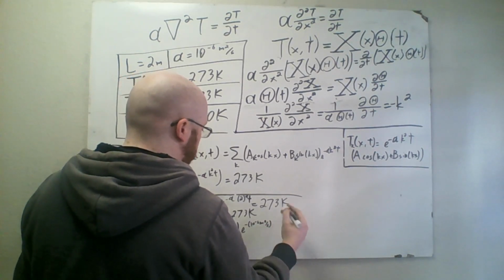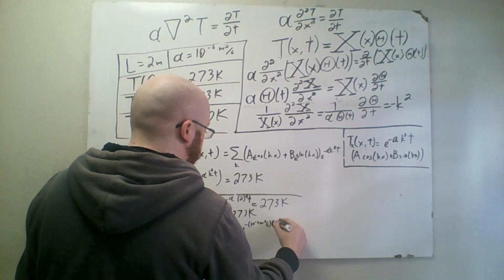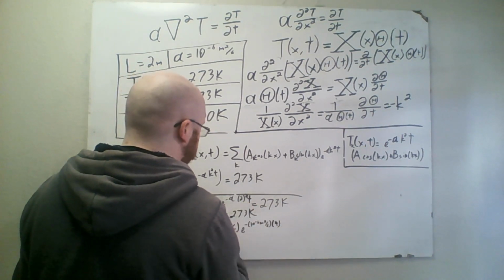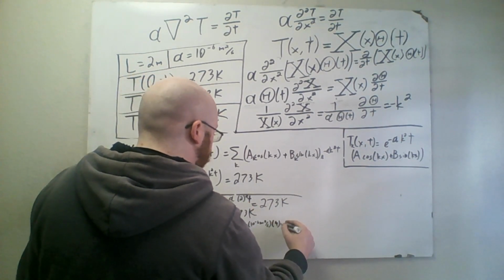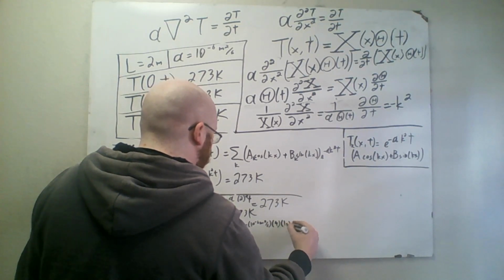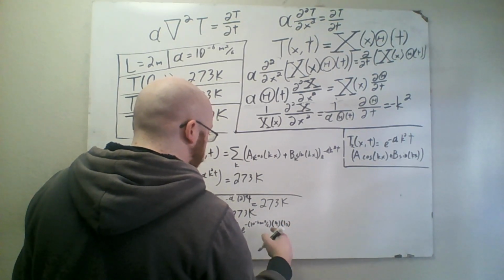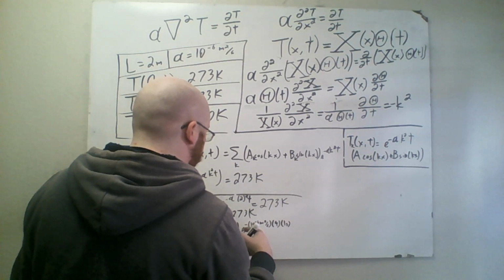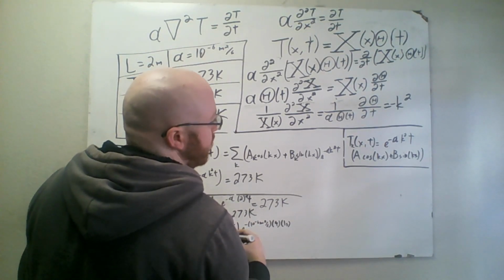This is a very long-winded way of saying that k is going to need to be, plug in 1 second, alpha k squared.